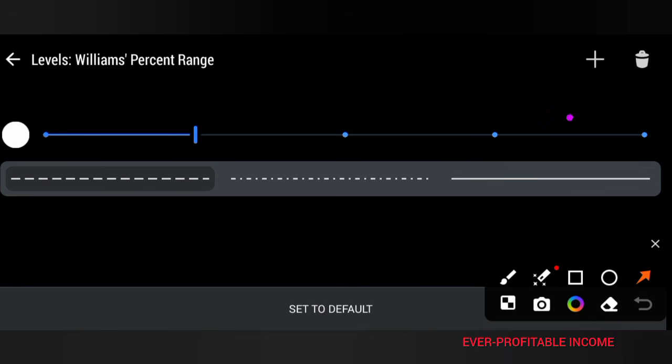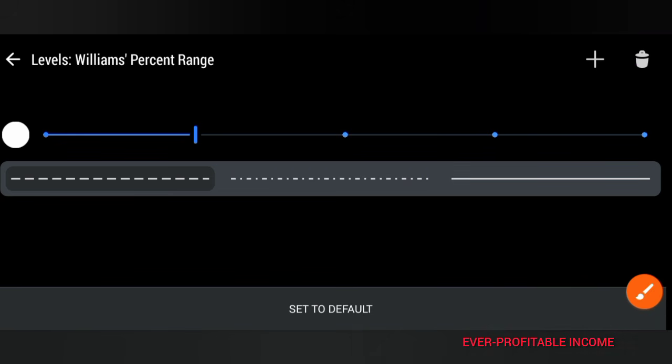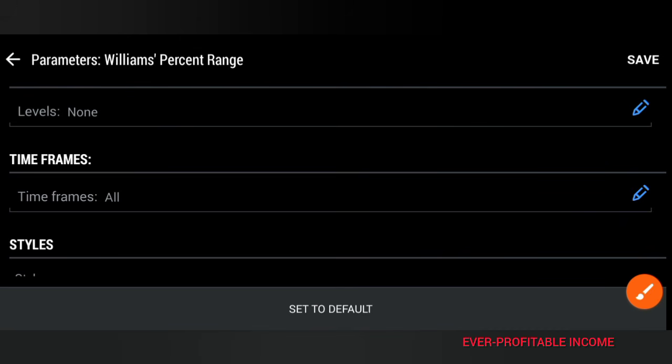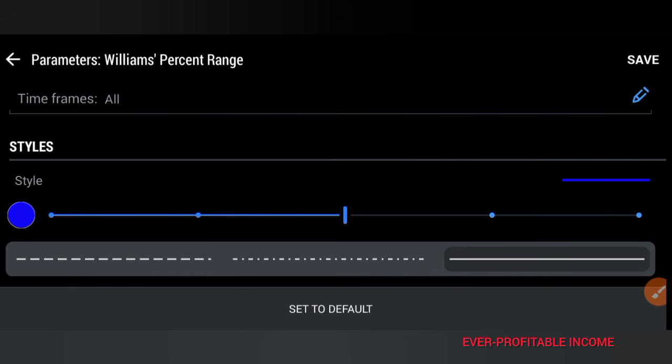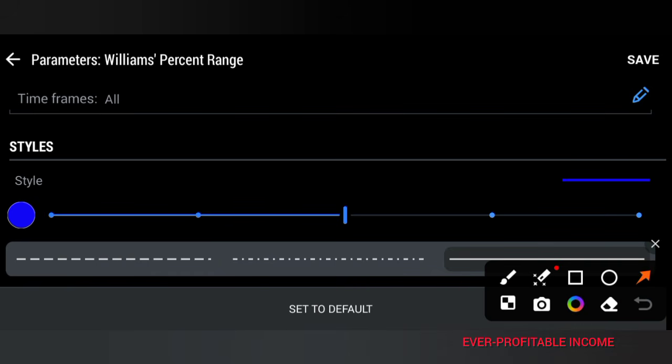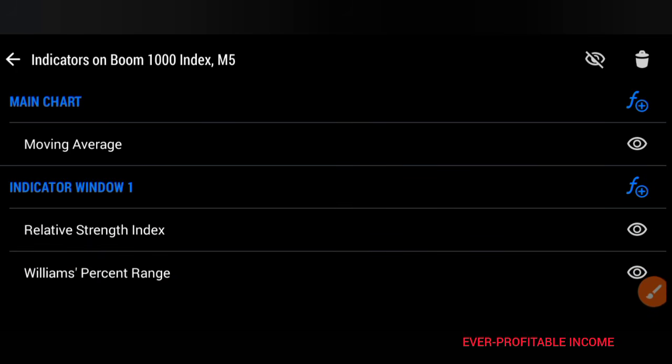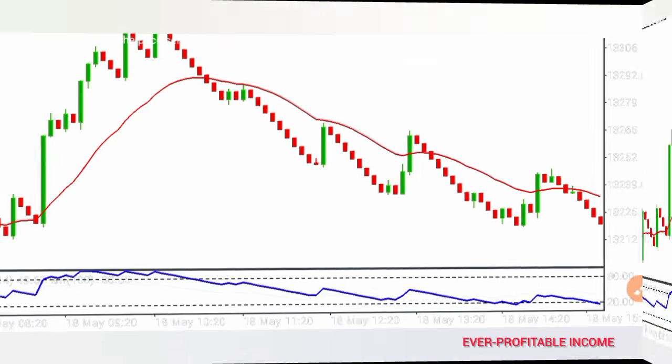You can select the ones you want to delete and delete the levels. After that, you come over here and you choose the style color. I chose blue. So you use any color that is visible on your chart, and thereafter you click on save. Okay, so let's head back over to our main chart.